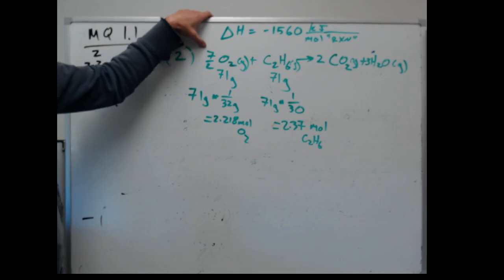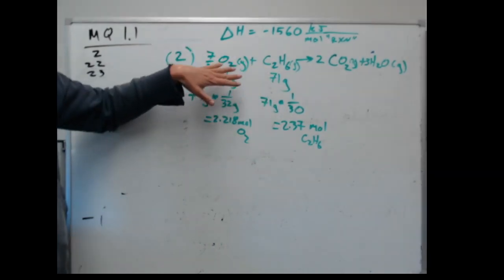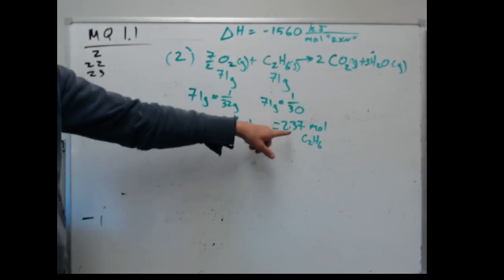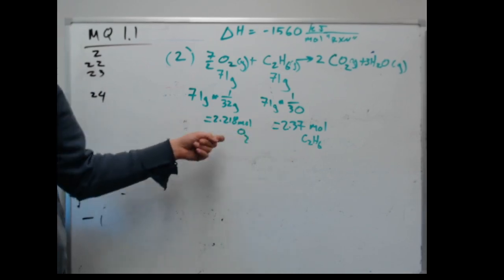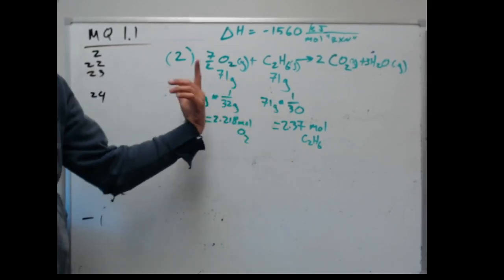Because right now this is telling me I need about 3 times more oxygen than ethane, but I've got about the same amounts. This recipe of 7 halves O2 with C2H6 tells me if I had this 2.37, I'd want this number to be like 7 or 8 in order to have this be limiting.